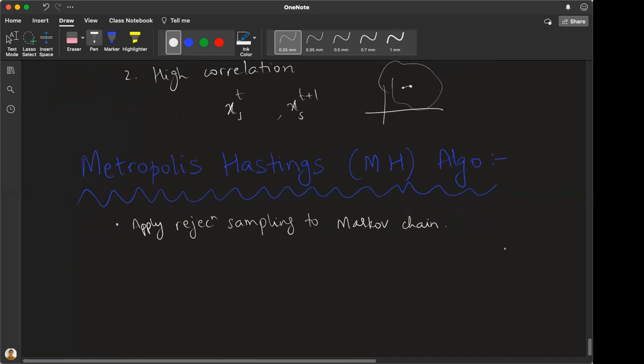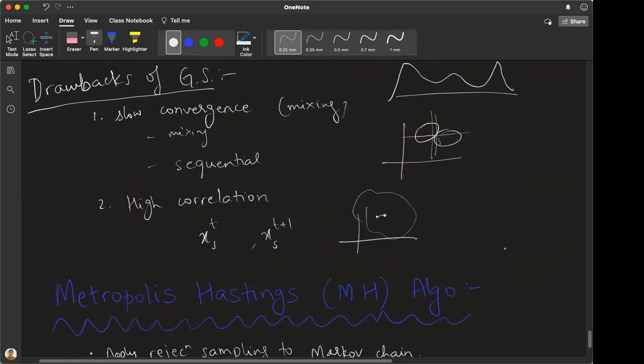Can I ask just one thing about why is high correlation bad? Why is it not wanted? Very good question. To get samples from this large or widespread distribution, I should be able to get samples from the entire area, roughly.